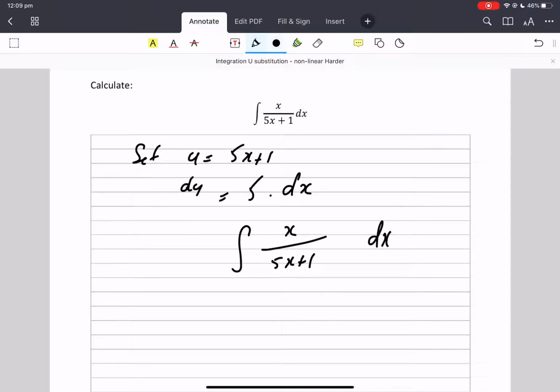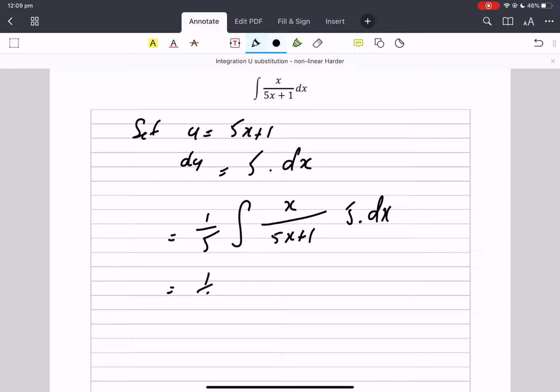I definitely want a 5 in there, so that means I've got to put a 5 out there. That looks all right. That's about all we need to do. The 5x plus 1 is just going to be u. The 5 dx is going to be du. And this x is left over, but that's that x there. So x will be u minus 1 on 5.